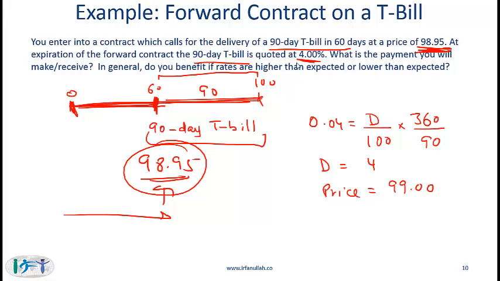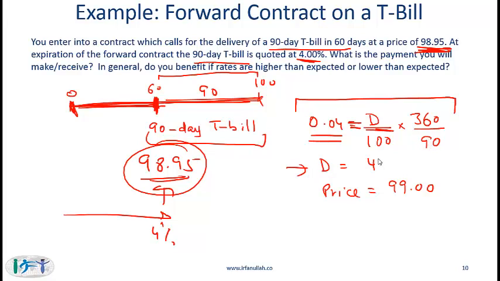Let's do some calculation. If the 90-day T-bill is actually quoted at 4%, what is the price? And for that, you need to do this calculation, which we have seen in quantitative methods, corporate finance, and fixed income. The 4% bank discount yield is written as 0.04. That is equal to the discount amount divided by the face value, which here is 100, multiplied by 360 over T. This is a 90-day T-bill, so the time is 90.